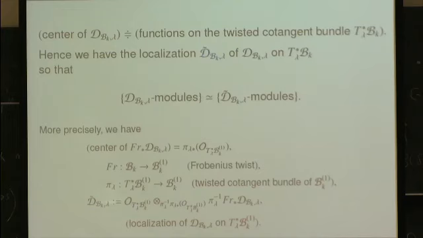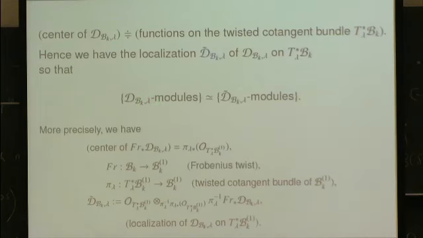So we can consider localization. So the localization of D tilde is a sheaf on the Frobenius twist of the twisted cotangent bundle. Okay. So using this equivalence, we can just consider D tilde.